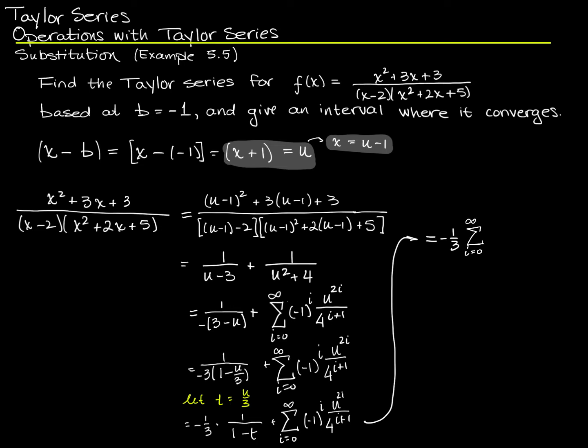Now, when I had it as 1 minus u, or 1 over 1 minus x, the sum was the sum of x to the power of i. When it was a u, it was u to the power of i. This is a t, so I have t to the power of i. That's the variable that I'm working with, right? Because I substituted t in for something, and the u came from another substitution.